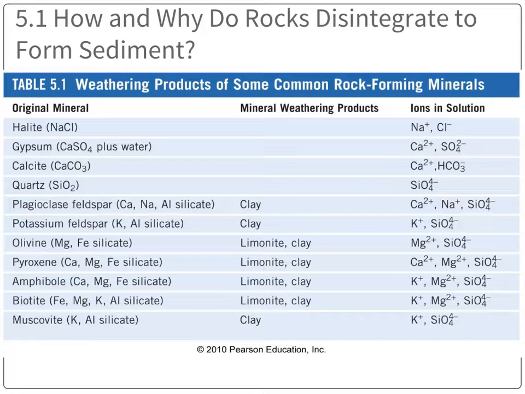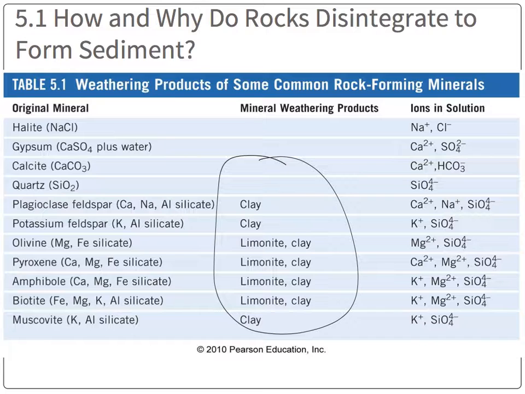I guess just to reinforce, we get some mineral weathering products. Clays in particular are going to be really important for the processes that produce soils, and as well different minerals as they chemically weather are going to provide a whole variety of different kinds of ions in solution.